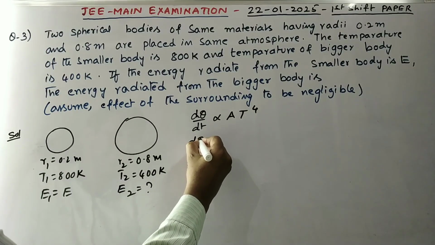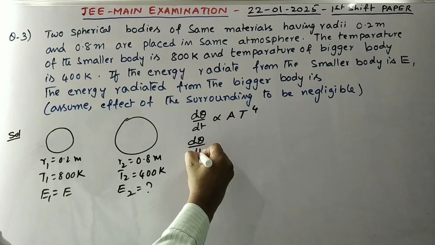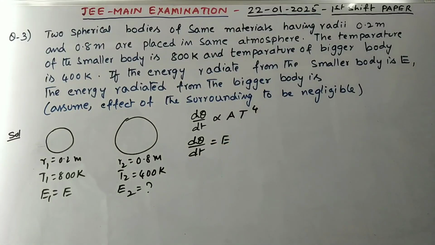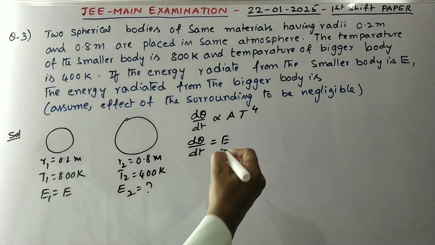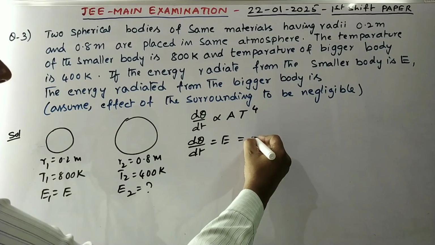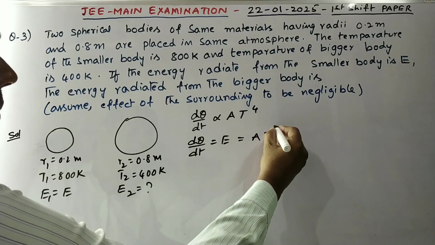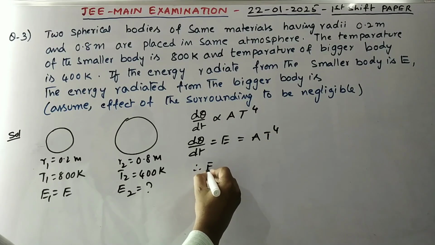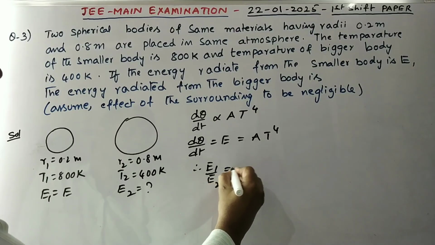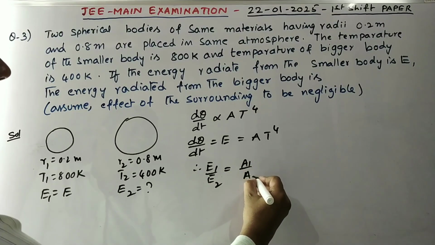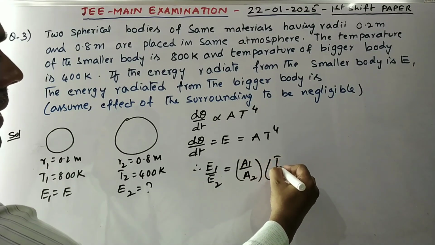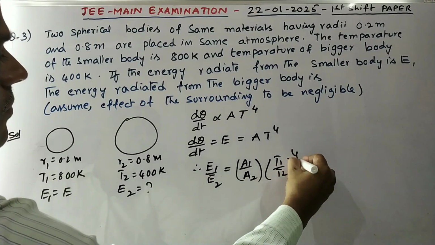Therefore, dθ/dt is equal to the energy radiated from the body per unit time, which is equal to A into T to the power 4. Let me write E1 by E2 is equal to A1 by A2 into (T1 by T2) to the power 4.